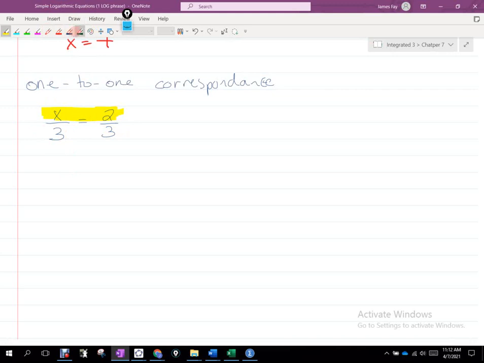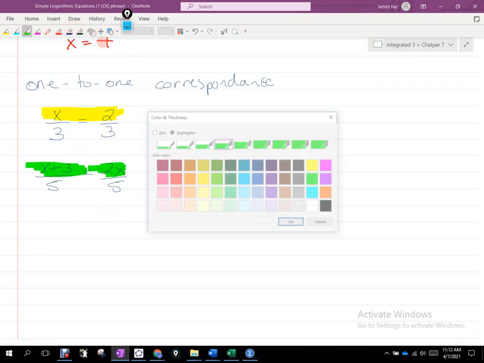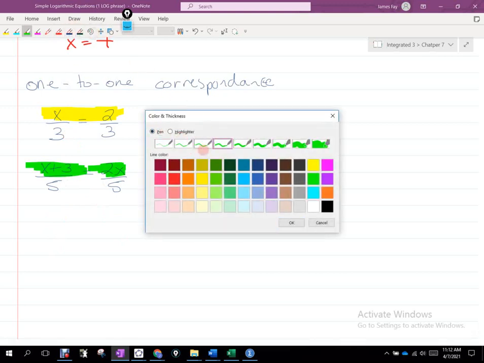So if I had something like x plus 3 over 5 equals 2x over 5, because the denominators are the same, then I can set the numerators equal to each other, right? Those are 1-to-1 correspondences that you've seen in work with fractions. The same thing happens with logarithms.